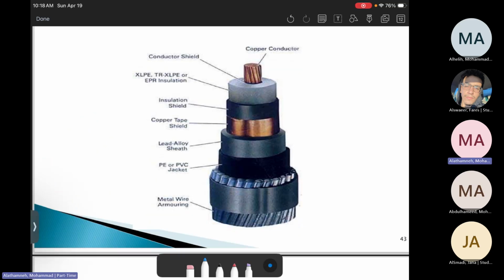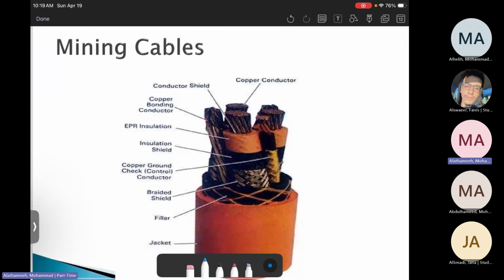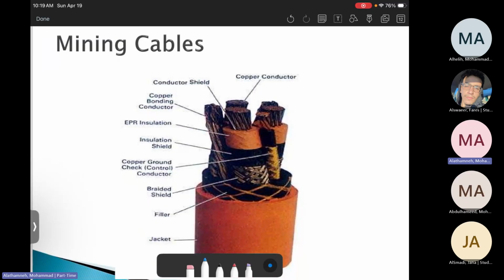Okay, then the next thing is called the mining cables. The mining cables are very flexible, I mean easy to move. The insulation here is EPR.